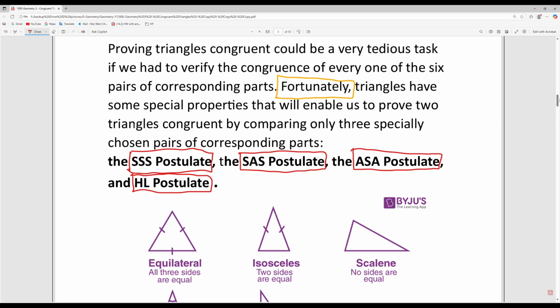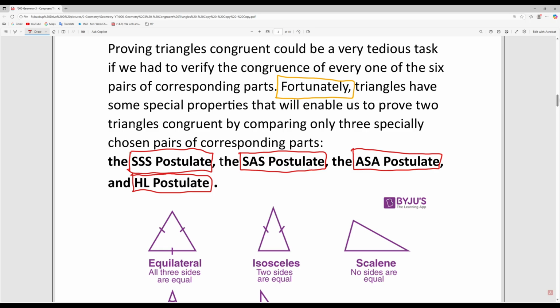Some postulates, like the ones I'm going to talk about right now, are not that obvious to you right now. Okay? But that's my job to make sure you feel those postulates are all obvious to you, and they become common sense to you once you watch today's video.